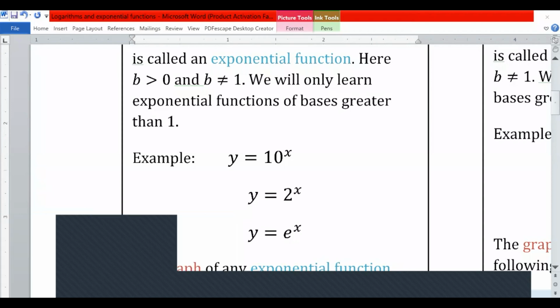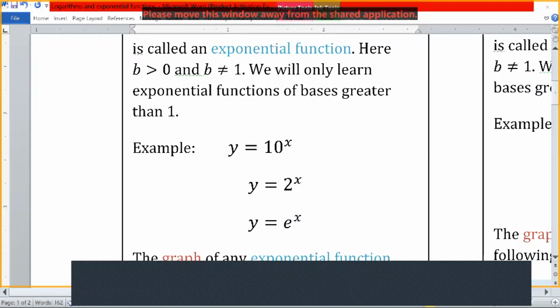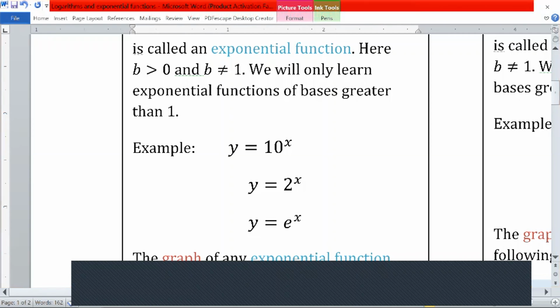Let me close everything that I have opened. Did it improve? No, still it's there, miss, at the bottom. There's a long bar. Please move this window. Wait, I will stop share. Let me go back to the screen.